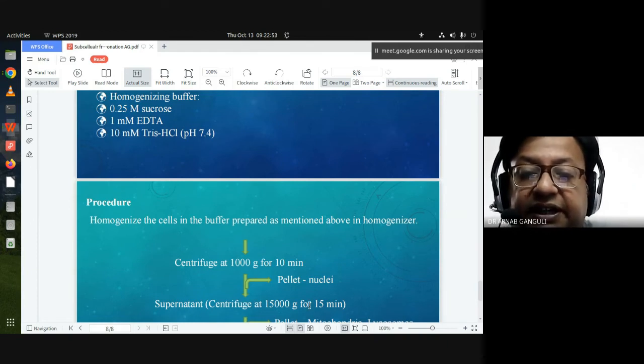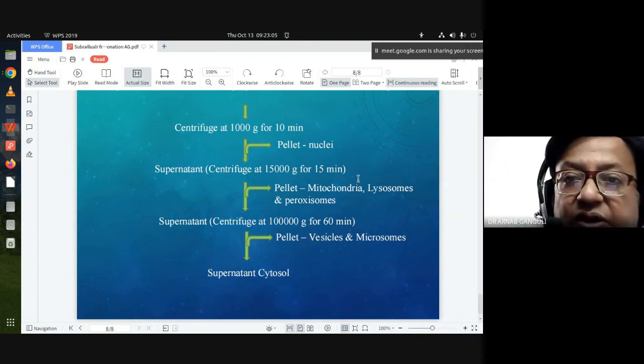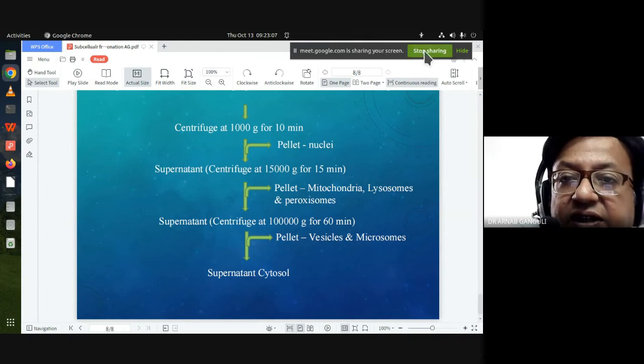The supernatant at 15,000 G for 15 minutes, then 1,000 G for 10 minutes. The same thing, and then you get the cytosol in the supernatant. This is how you actually do differential centrifugation.